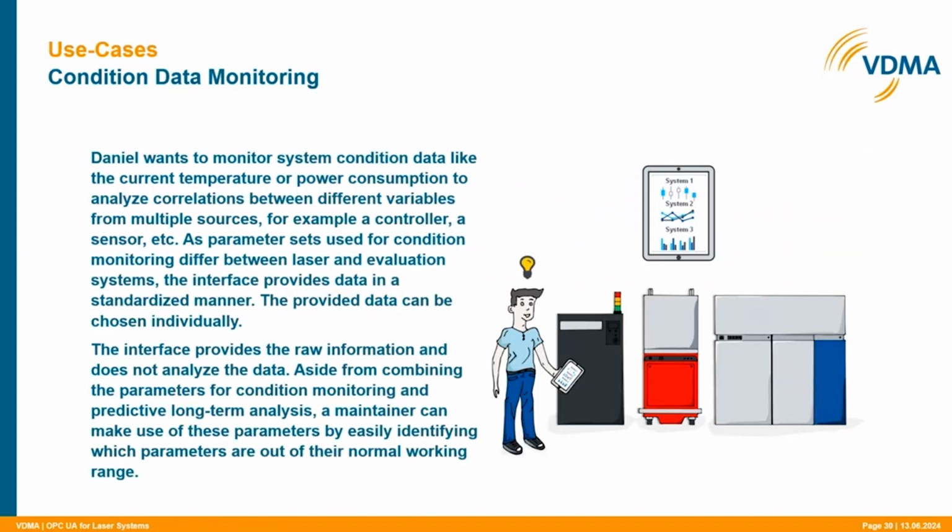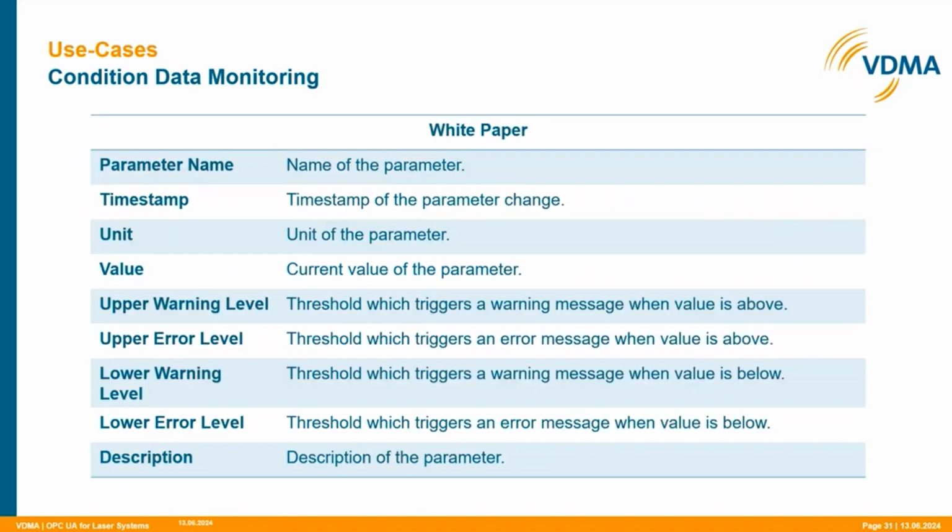With the use case condition data monitoring, the maintainer monitors the system condition data like the current temperature or the power consumption to analyze correlation between different variables from multiple sources like sensors. So here you can see the parameters.